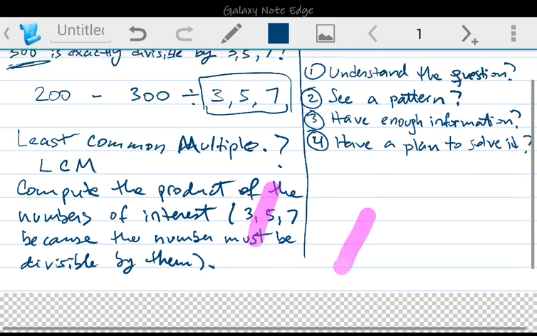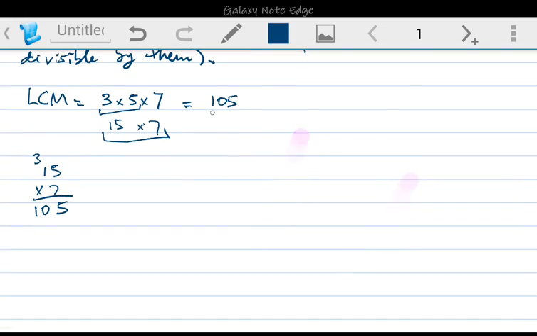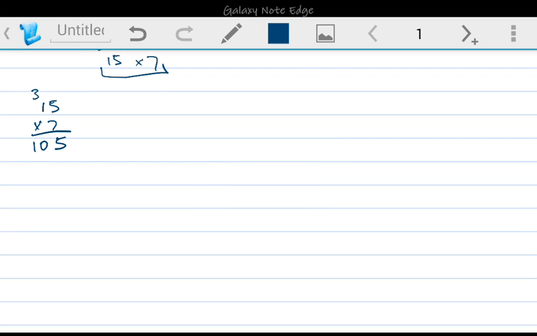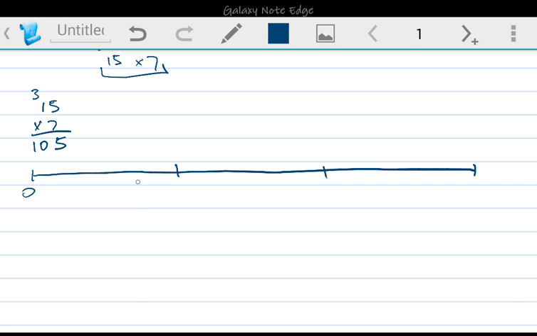Okay, so 105 is not between 200 and 300, so the range that we're looking for, actually, yeah, no. So if we say this is 0, 100, 200, 300.